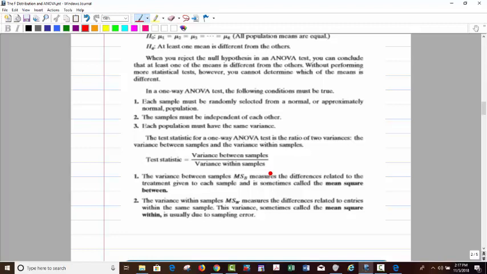And then we have what's called the mean square between, where you take the measured difference related to treatment given to each sample, and then the mean square within measures the difference related to entries within the same sample. So between measures group to group, and within measures within the group. And it says here the within is usually due to sampling error.